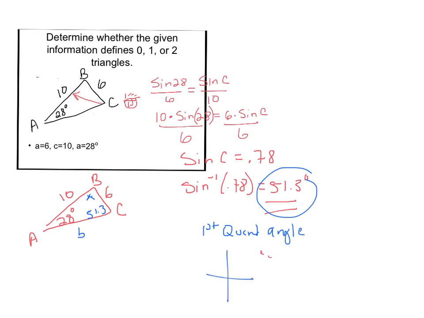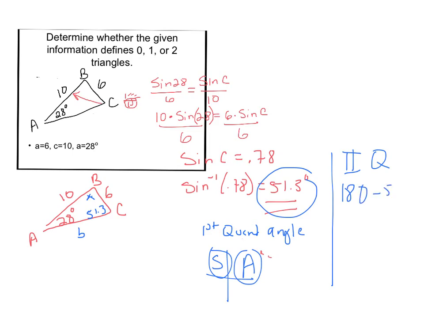And I know that sine is positive in the first and second quadrant. So what if I was in the second quadrant? If I was in the second quadrant, I'd have 180 minus 51.3 degrees. And if I do that, I get 128.7 degrees. Okay, well, this one works, so I at least have one angle measurement.